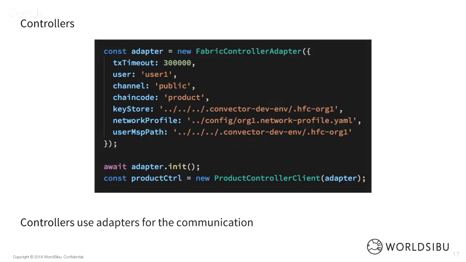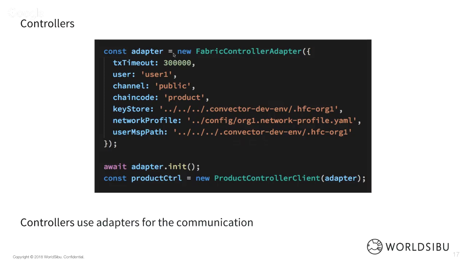As I told you before, models use storage layers. Controllers use adapters. The function of the adapters is, for example, when you're trying to invoke a new function in your controller, the adapter makes sure that it will handle this request properly depending on the technology that you want to use.